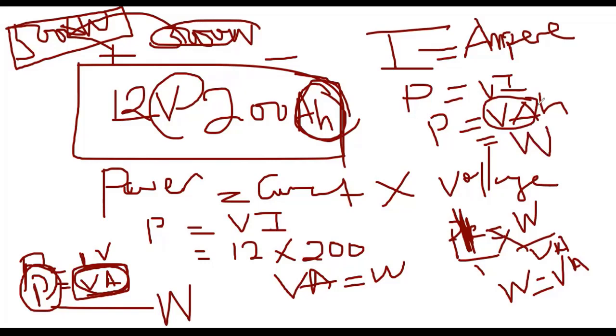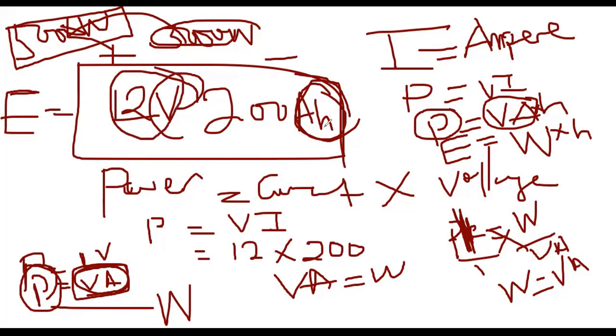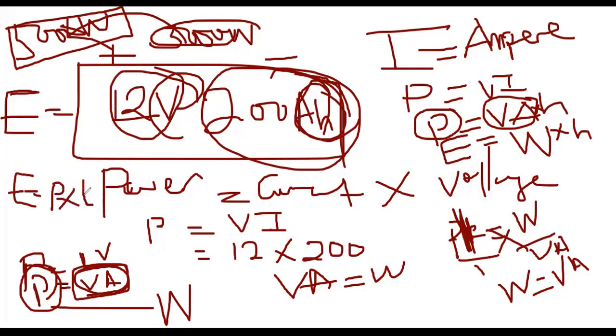And when you put watts times hour, that has changed from power to what? Energy. So whenever I ask you what is the energy inside the battery, it is the product of the voltage multiplied by the amp hour, because energy is equal to power times time.